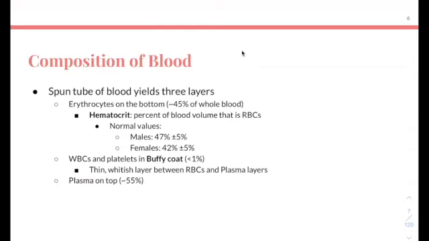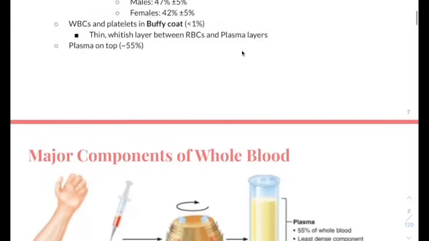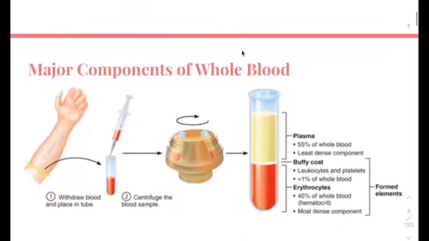So white blood cells and platelets, when you separate everything out, here we get this little buffy coat. Those are where the platelets are. This yellow at the top is our plasma. And then the erythrocytes always sit down at the bottom.